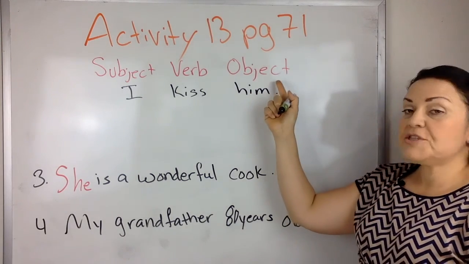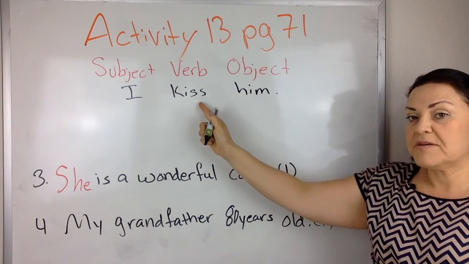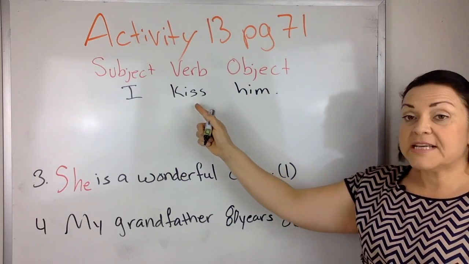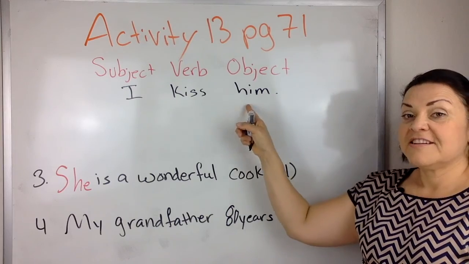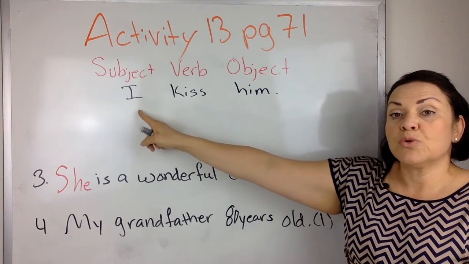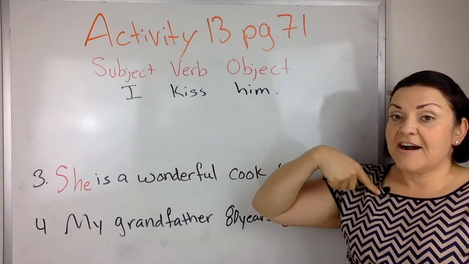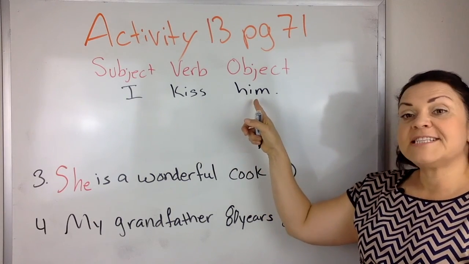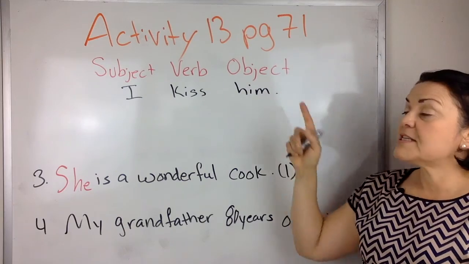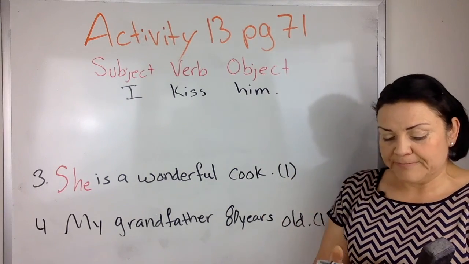Okay, object receives the verb. So him, what is he receiving? He receives the kiss. The subject is who? I kissed, yes? But who receives the kiss? Him. So the object is the receiving part.